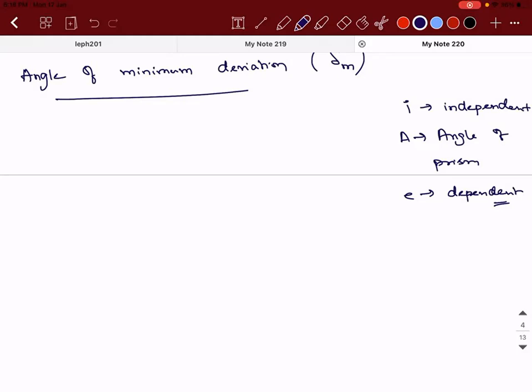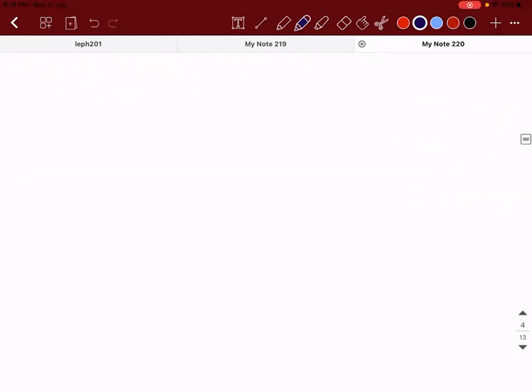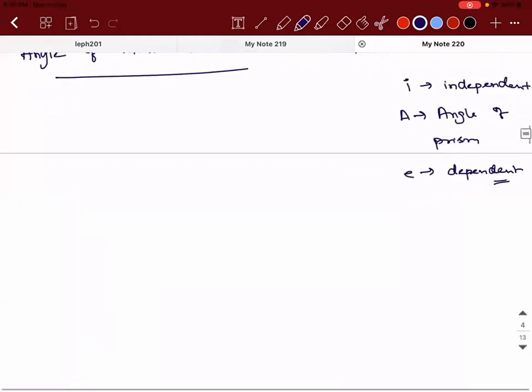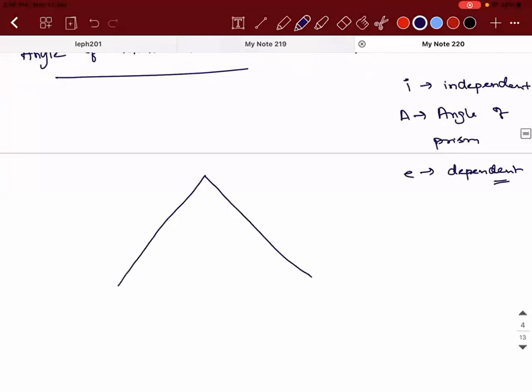Okay, so having said all these things, let's say you perform an experiment in such a way that you want to start with this angle. So you want to have the incident ray like this, where theta is equal to 90 degrees. That is, the angle of incidence is equal to 90 degrees.